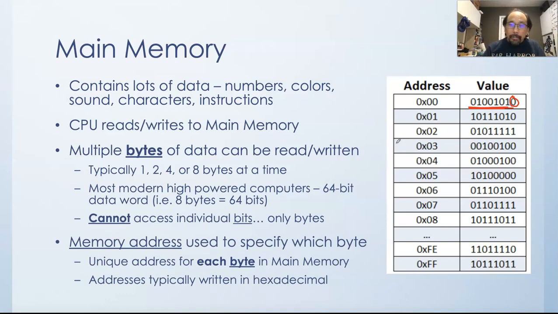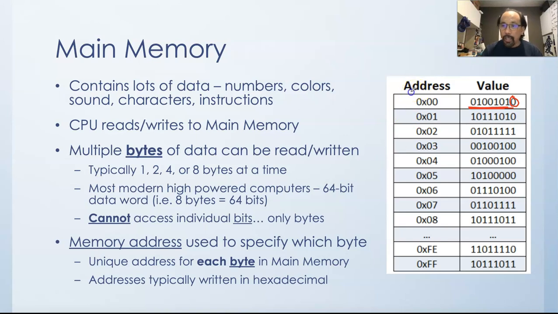Now, to access the memory, we need some sort of mechanism. Just like we have millions of homes in the United States, and to get your mail to a certain home we provide an address, the same thing goes with memory. In a computer, we have billions of bytes, and to access any one of those bytes, we need to specify where in main memory to get it from.